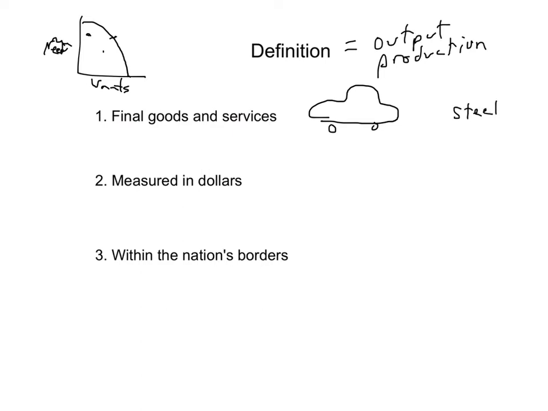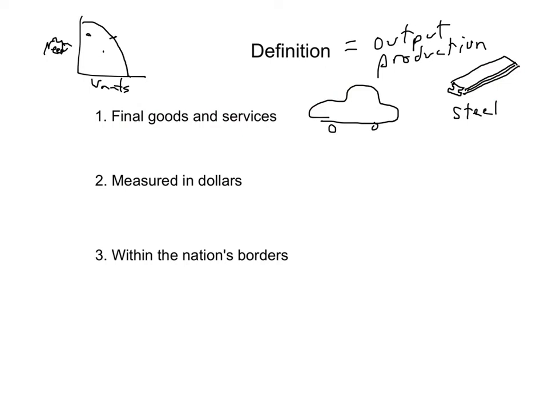There's our steel bar, yep. So we only want to count the car. We don't want to count the steel that went into the car, because then we'd be double counting. If we counted all the different inputs into the final outputs, then we'd be counting everything double or even many multiples of times. So we only want to count the final output.